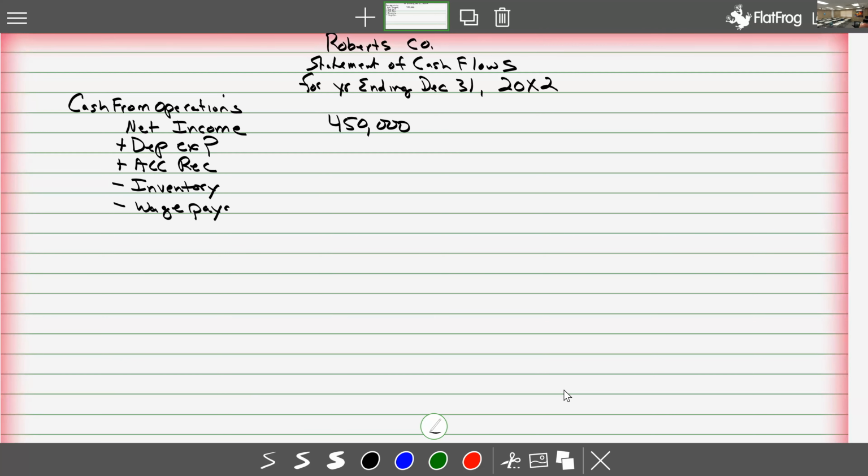When you're doing this on your homework, instead of saying plus depreciation expense, it might be, well, instead of plus accounts receivable, it might be plus the decrease in accounts receivable. Okay, so just be aware of that. I'm more concerned that you know what to do with them.